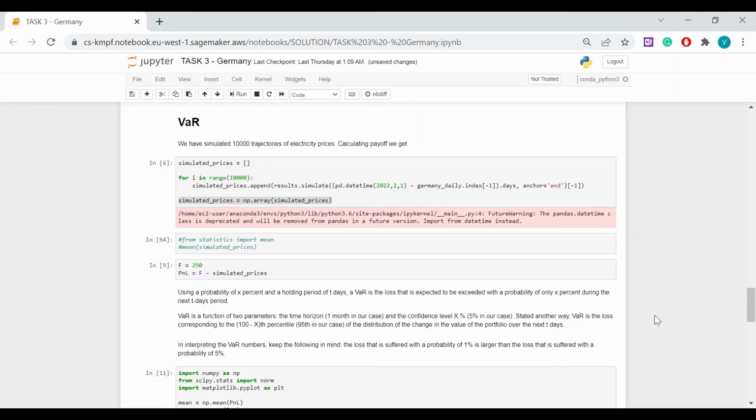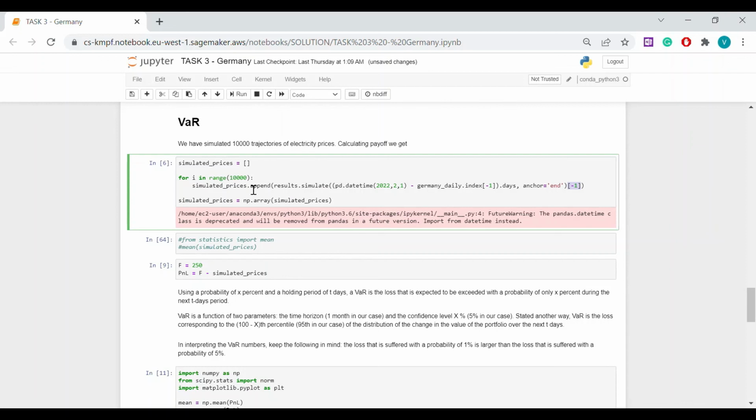Using the Monte Carlo approach, we simulate 10,000 trajectories of electricity prices. So we have simulated the prices for 1 month. We take only the last value corresponding to the 1st February of 2022.